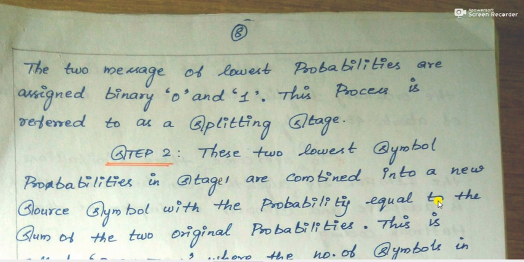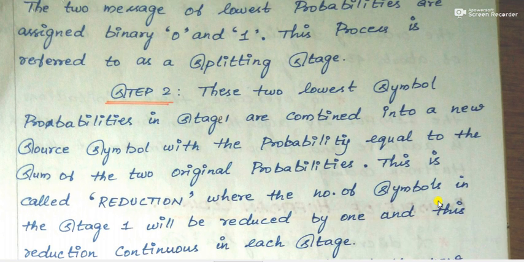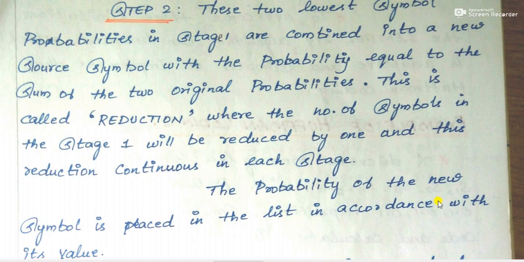This process is referred to as the splitting stage. So that is step number 1. That is, first we have to arrange all the probabilities in descending order. Again we have to group the lowest bits, and these two will lead to the next bits in the second row.